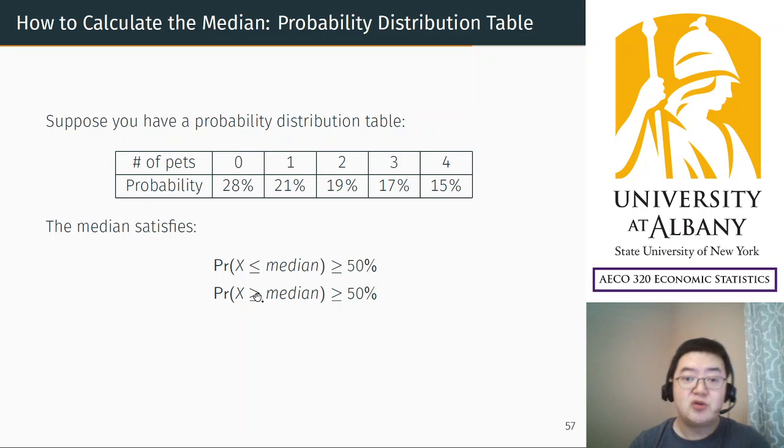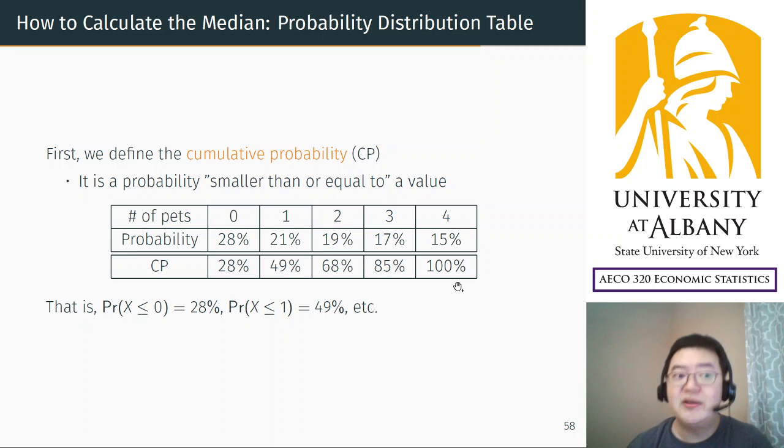Due to the double count, even if one side is greater than 50%, the other side can be greater than 50% at the same time. So there is an overlap, and the sum can be greater than 100%. Anyhow, this is how we define the median using probability. This is the mathematical interpretation of dividing half and half.